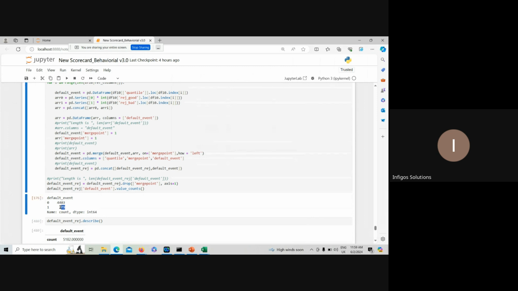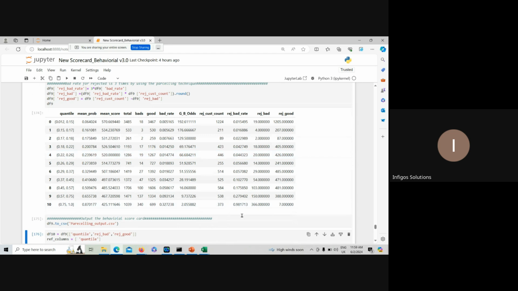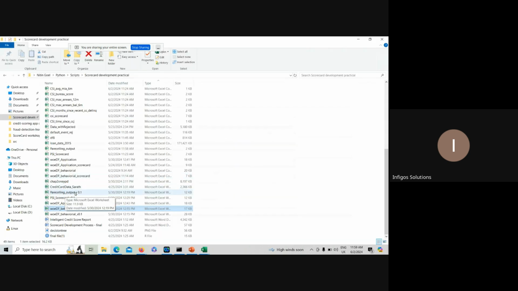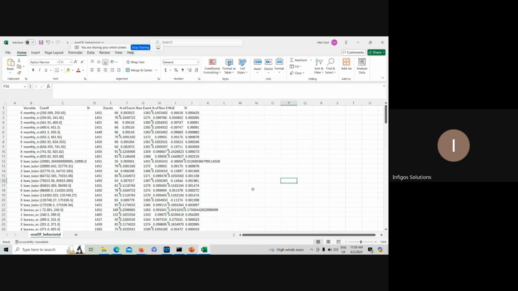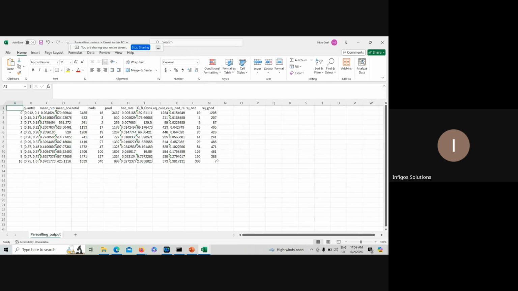So we have 779 events in this data. After you sum this one, parceling output, sum this up. 779, right?